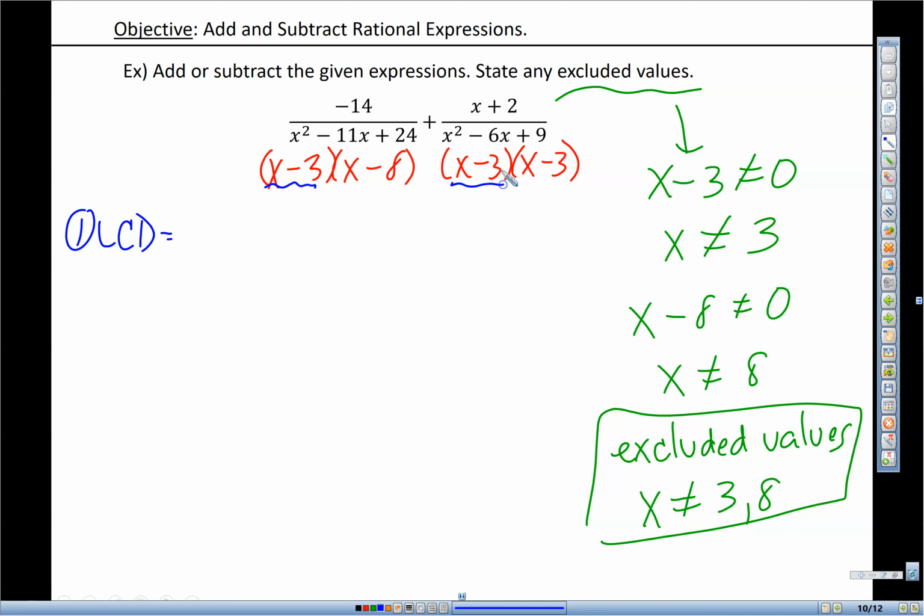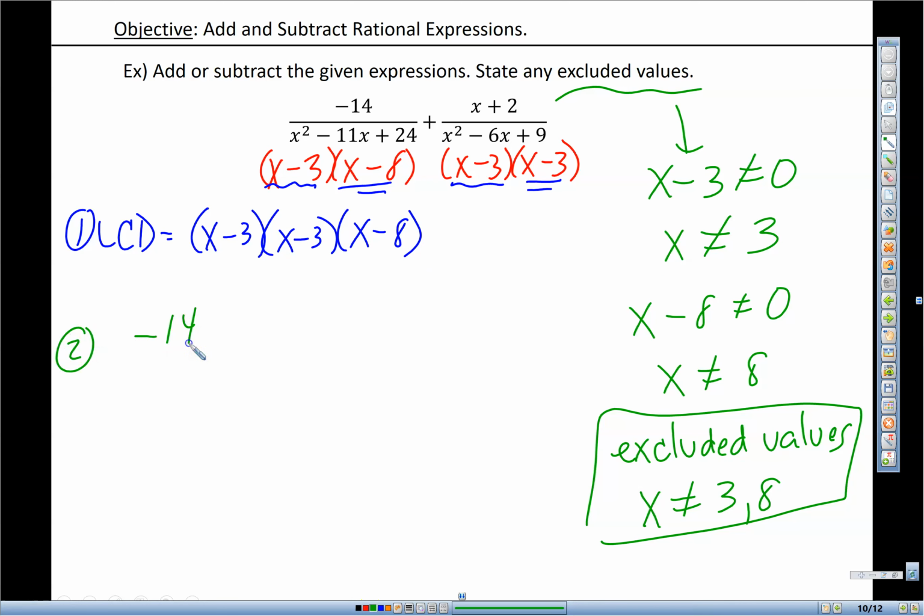So one of these x minus 3's is shared, so we use one of those. The other x minus 3 is not shared, neither is the x minus 8, so we have to use one of these other x minus 3 that was left over and one of the x minus 8s. So we have two x minus 3's and one x minus 8 as our LCD.